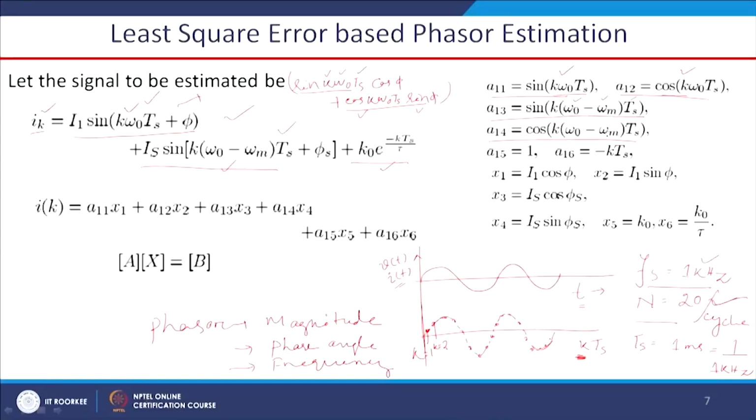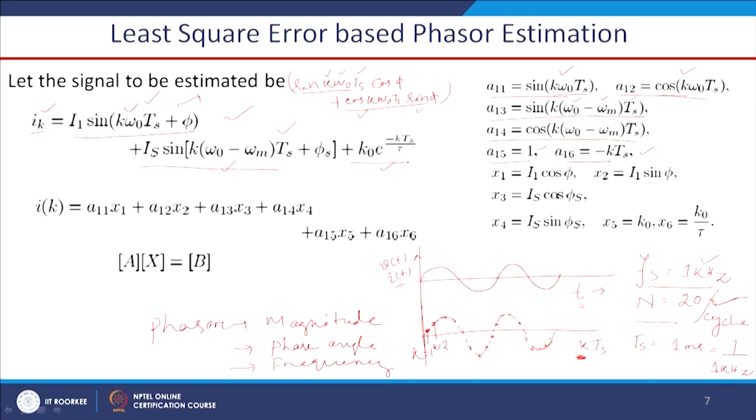Similarly, A14 is also known, A15, A16. Here I just want to discuss one point, how A15 is equal to 1 and A16 is equal to minus kTs.